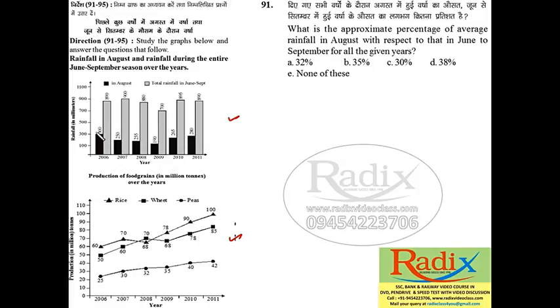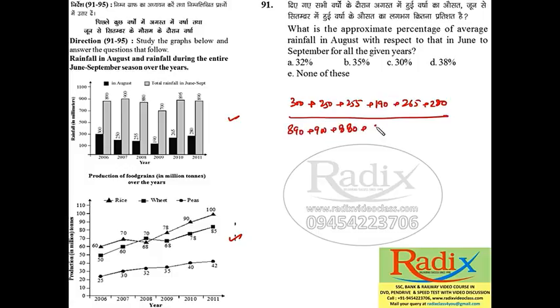Okay, we have to calculate all rainfall in August divided by all rainfall in the period of 4 months. ठीक है, तो देखो अगस्त में 300 प्लस 250 प्लस 255 प्लस 190 प्लस 265 प्लस 280 अपॉन इधर 890 प्लस 900 प्लस 880 plus 700 plus 895 plus 890 into 100. That we have to calculate, because we have to calculate percentage.